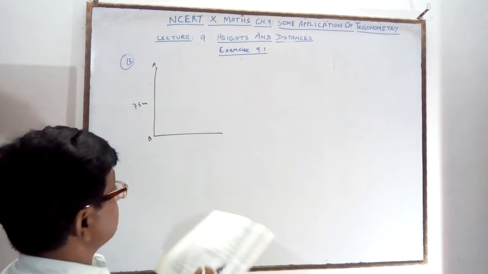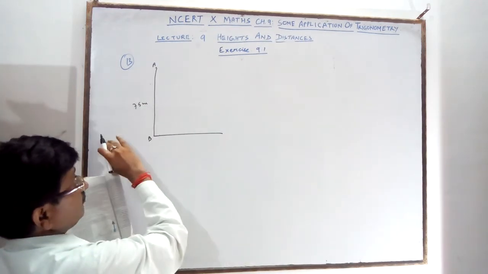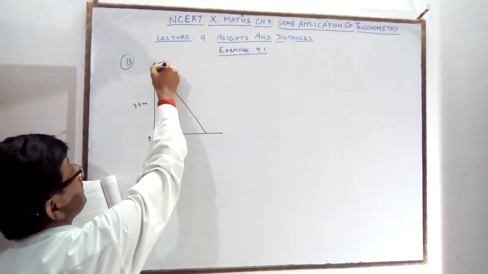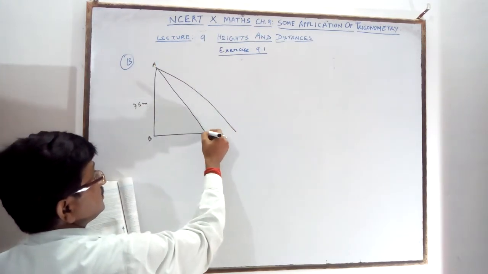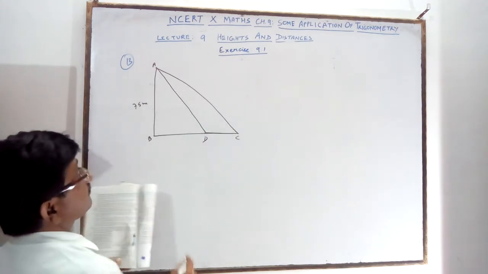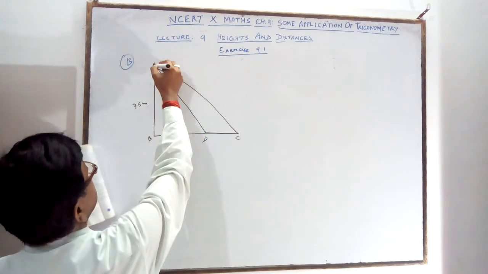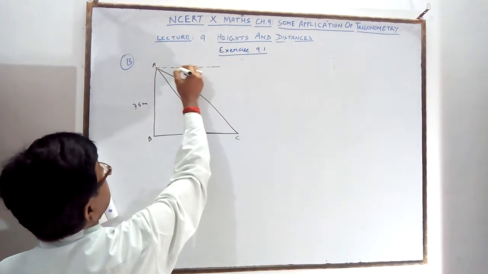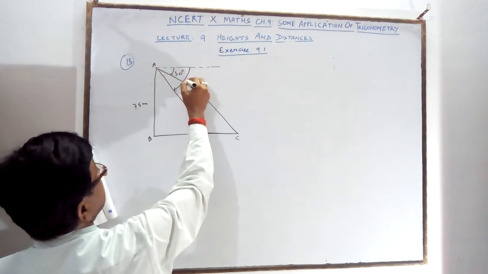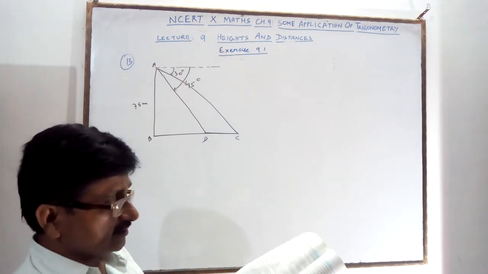If one ship is exactly behind the other, on the same side of the lighthouse, maybe one is this side, one is this side. Just behind each other there are two ships, C and D. The angles of depression are given as 30 degrees and 45 degrees.